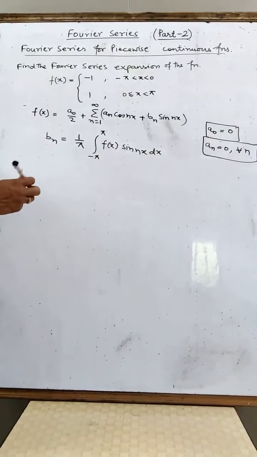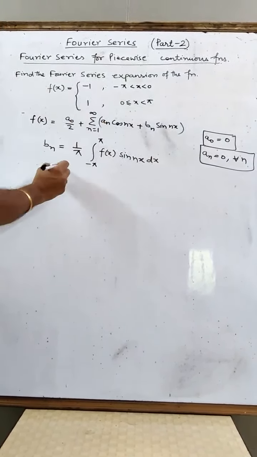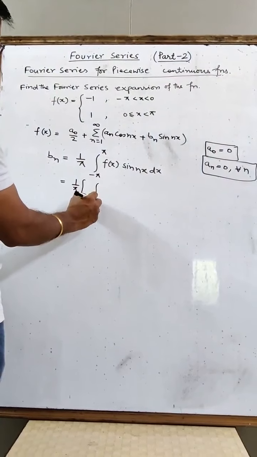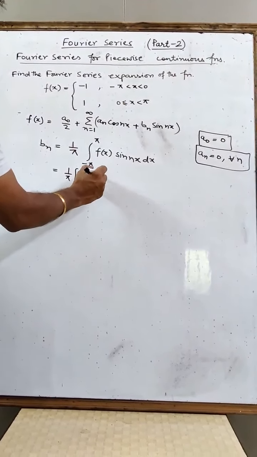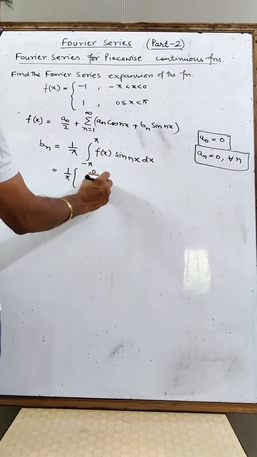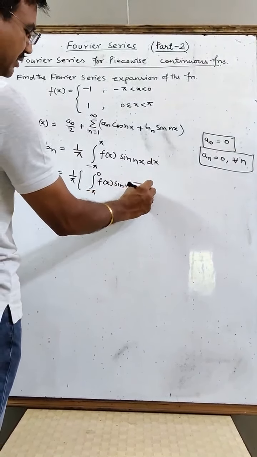Again we will divide our integral in two parts, that is 1 over pi integral, one is from minus pi to 0, f(x) sine of nx dx, and second part is from 0 to pi, integral from 0 to pi f(x) sine of nx dx.